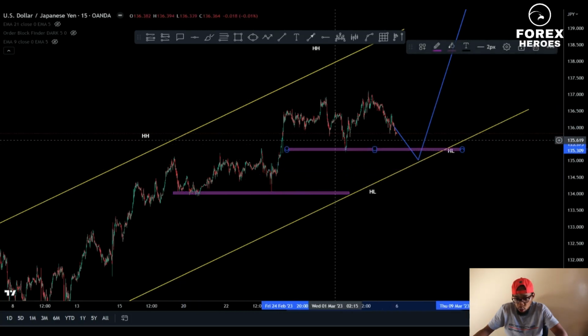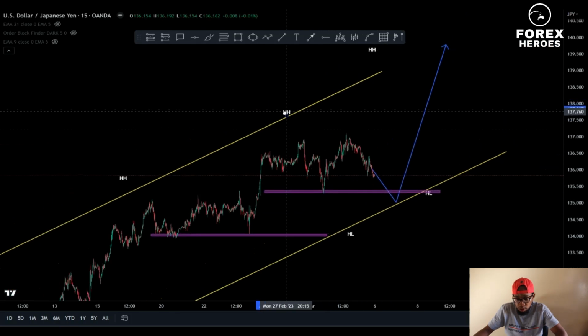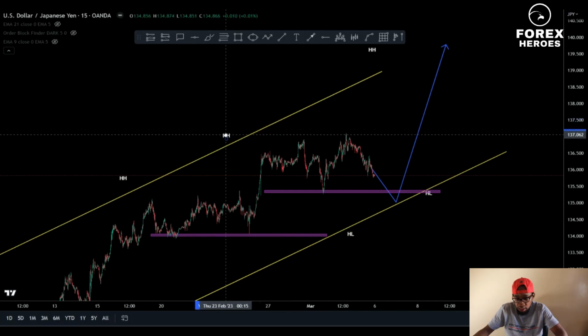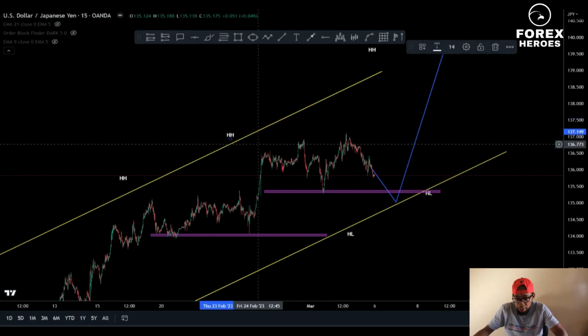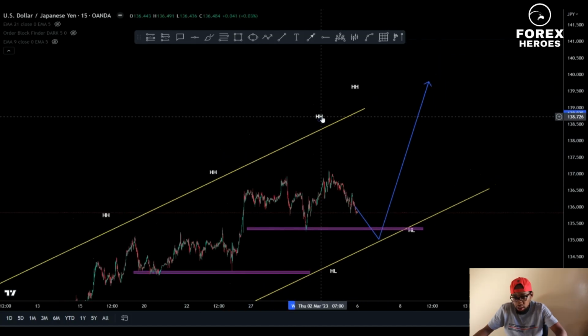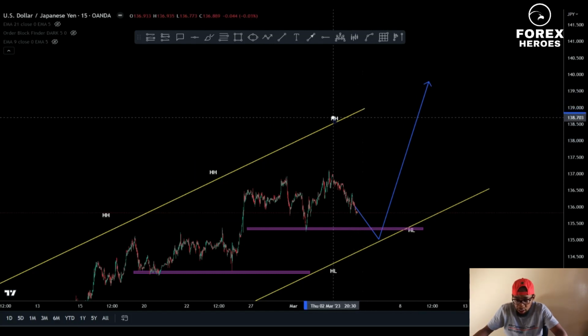So I'm expecting the market to create a new higher high, which for instance can come.